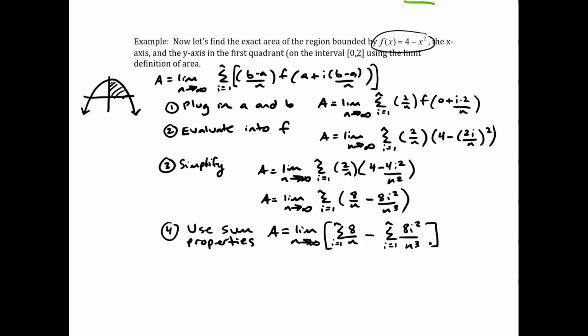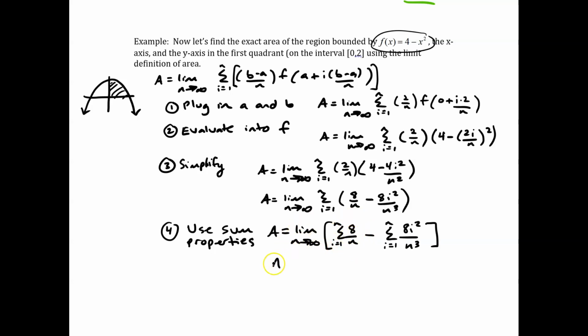Okay, and when I say use the sum properties, don't just use the property where we break this up into two individual sums, but let's actually think about this now. n is really just a really big number, and so 8 over n is a constant.